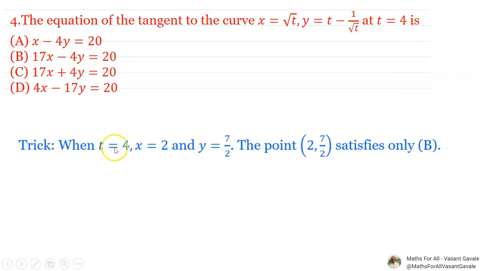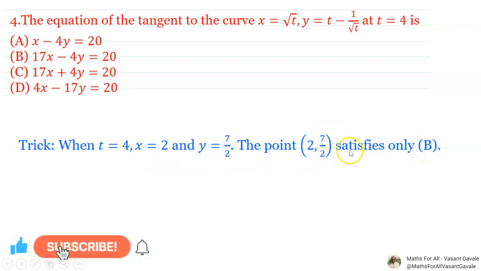When t is equals to 4, then what will you get here? x is equals to root of 4, means x is equals to 2, and y is equals to what? 4 minus 1 upon root of 4, means 4 minus 1 upon 2, so you will get y is equals to 7 by 2. Okay. Therefore the point is (2, 7 by 2), which satisfies only option B, and hence option B is the correct one.